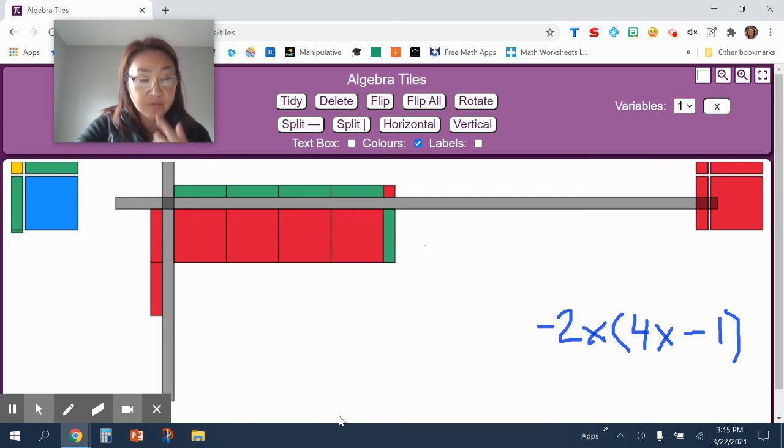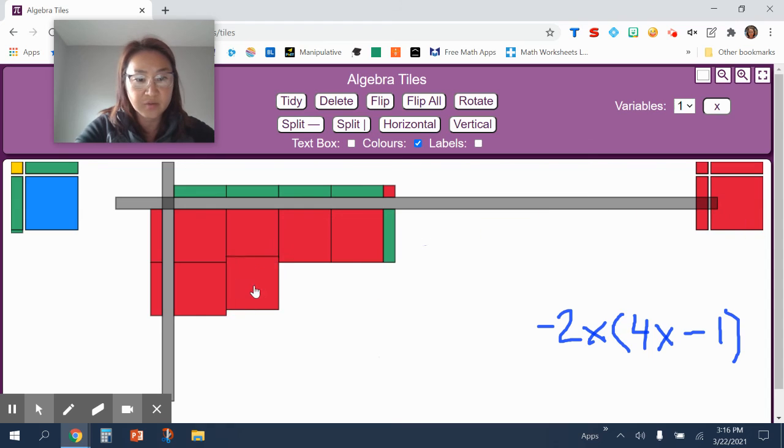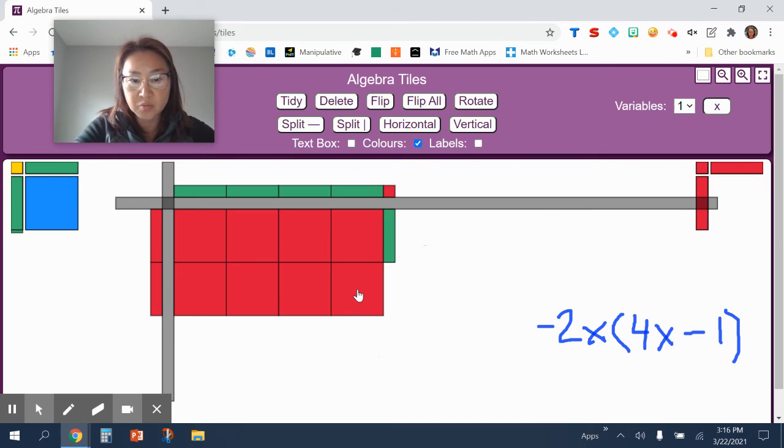It's the negative x. So my second row of the negative x will look just like what we had. So we have negative times a positive, which is a negative x squared. We have another negative x squared, another one, and then one more. And then again, the last part is a negative times a negative, which will give us a positive x.